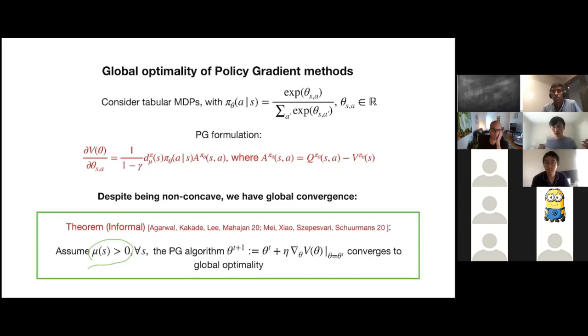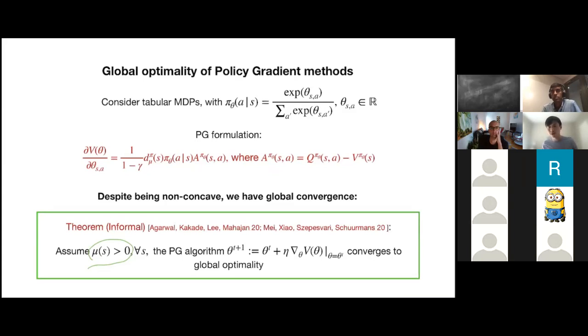So if my initial state distribution has support everywhere, then policy gradient ascent with exact gradient is going to converge to a global optimal solution, despite the objective function being non-concave. So this is a nice property.